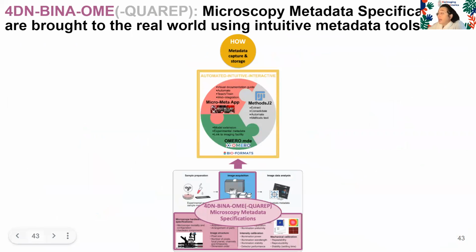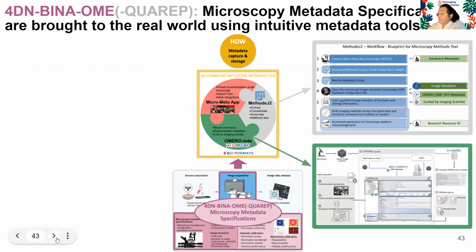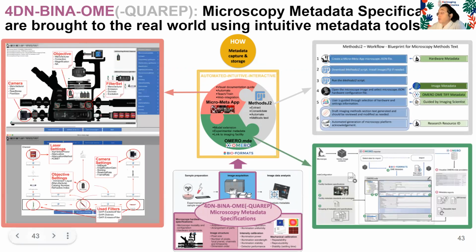But alone, these specifications are not able to help people. We need specific tools to allow people to work with them and bring them to life. So how do we capture all this metadata? In order to facilitate the acquisition of this metadata, you will hear about three tools: Micrometa app that I will tell you about, Methods J2 that Joe Ryan will tell you about, and Susanne Kunis and Stephanie Whitner-Kamps will tell you about OME-NGFF.